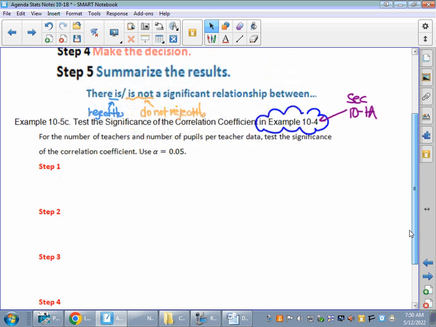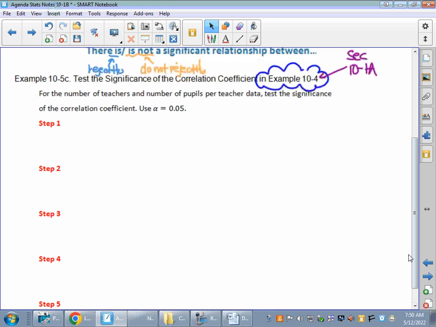So I'm going to speed through that part because that's something that we hopefully calculated already. So step 1, we've just got to state our hypotheses. It says for the number of teachers and number of pupils per teacher data in section 10.1a, test the significance of the correlation coefficient, use alpha equals 0.05.